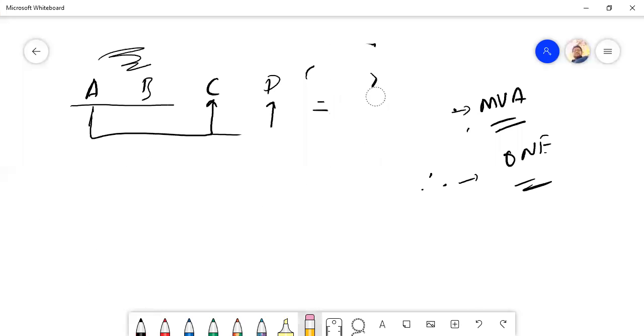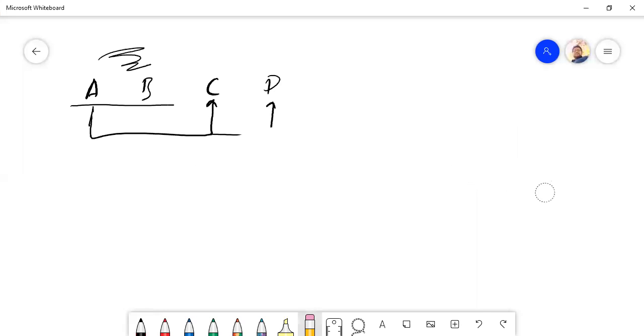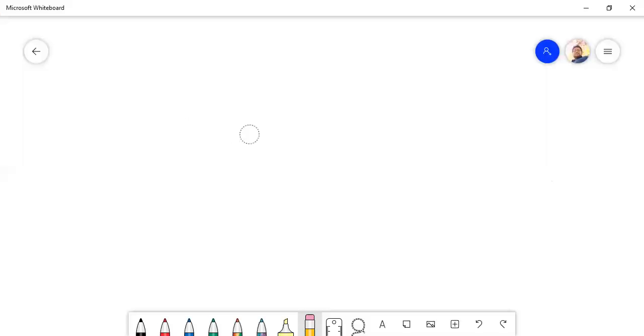So, in a very nutshell, I'll just summarize what we learned last time. A small recap, because we need to continue. We were talking about the normalization process.